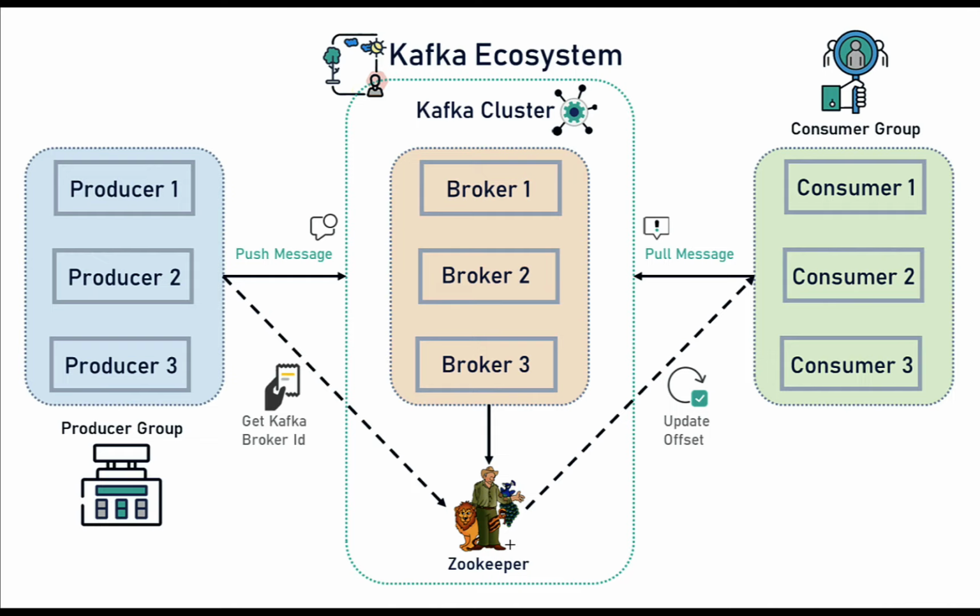So just remember we need to start the Zookeeper so that it starts managing the state of the Kafka brokers in a Kafka cluster. In our case we have only one Kafka broker that we are going to install locally. So first we need to start the Zookeeper so that it will manage the state of the Kafka broker.